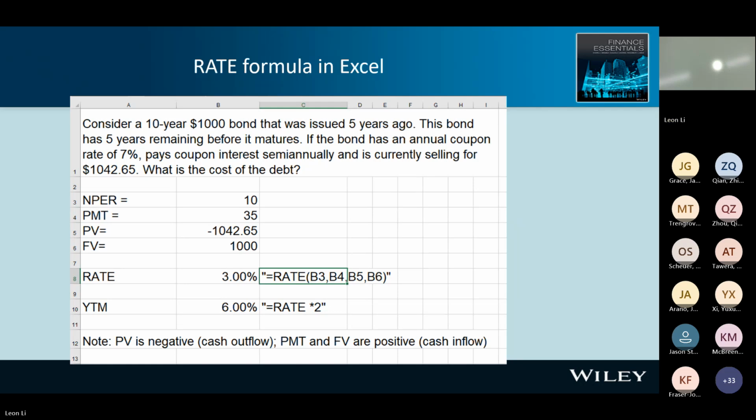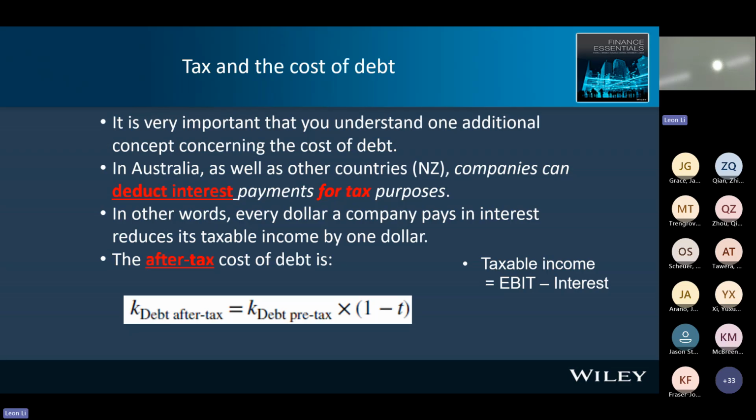All right. So next point, next slide. After we have the cost of debt, in the next slide we discuss the issue of tax. Right, tax is a payment to the government. So we are going to discuss the tax and the cost of debt.